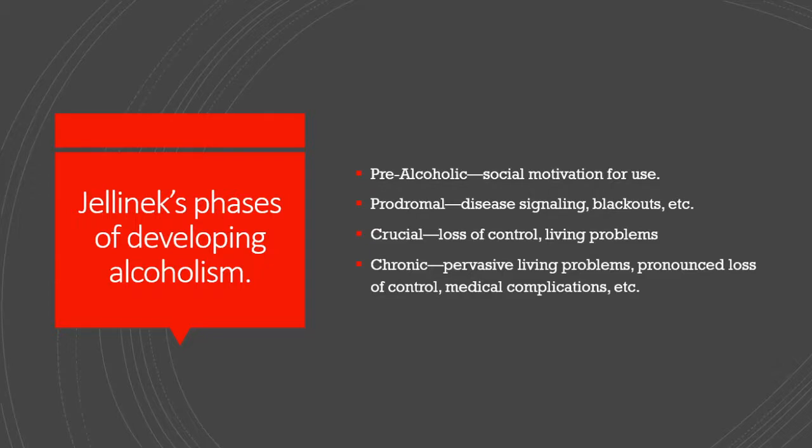And as I said before, most people who start having problems with alcohol, they'll self-regulate. They'll cut back. They'll not use as much. They'll find different situations in which to use and how they use and what they use and all that kind of good stuff. So that's a pre-alcoholic phase, and you're not really even diagnosable when you're in that phase, although that doesn't mean that we can't work with someone who's in that phase.